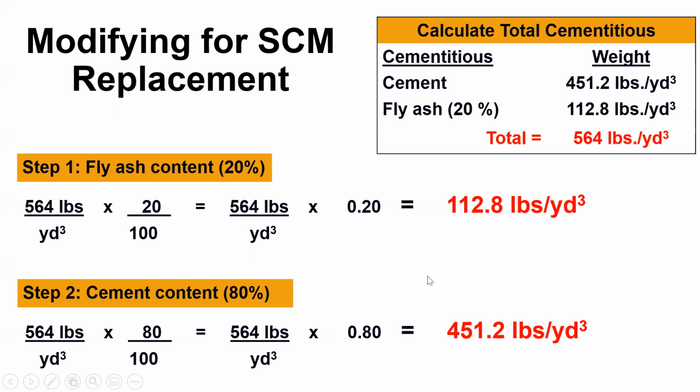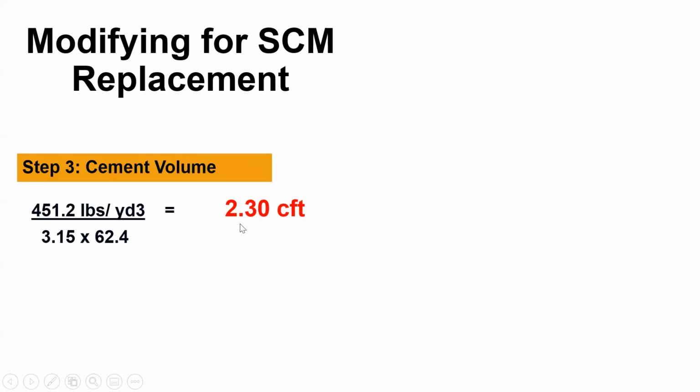So we figured out pounds, how much weight we have, but fly ash is actually lighter than cement. We're dealing with 3.15 as a specific gravity for cement, but fly ash is different. It's 2.52 in this case.